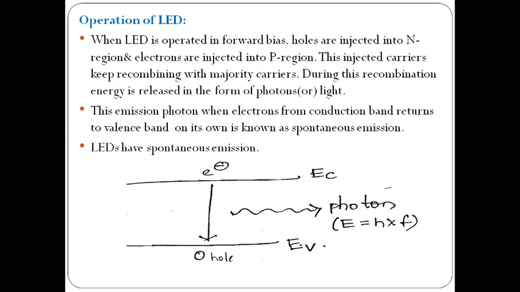You can observe in the diagram that when the electrons move from the conduction band to the valence band, they release energy in the form of photons, h into f, or h into c by lambda, where lambda is the wavelength of the light. So LEDs have spontaneous emission.